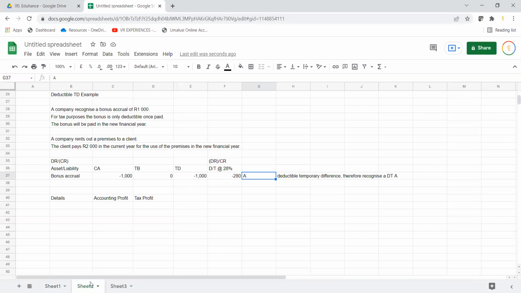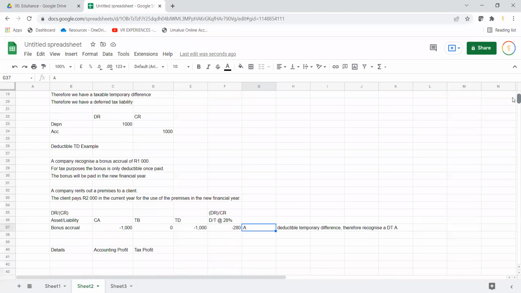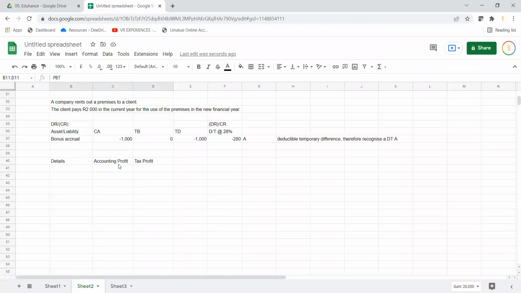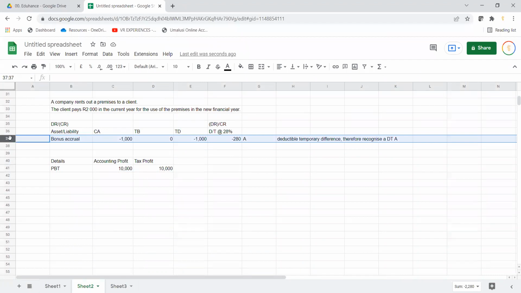We use the same approach I did earlier. You don't need to have this line in, but just to make it more real, so our head can conceptualize it a bit better, we start off with a profit before tax. We are saying the profit before tax for accounting and tax profit is exactly the same, except for this one difference.